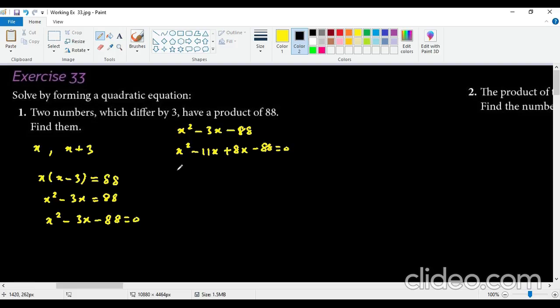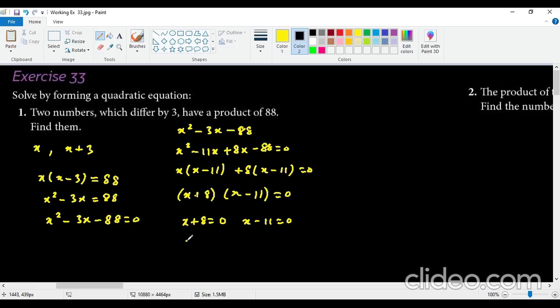Now x is common in the first and second, and writing this once again, plus 8. So x plus 8 and x minus 11 are the two factors of this equation. That means x plus 8 equals 0 and x minus 11 equals 0. That means x equals negative 8 and x equals positive 11.